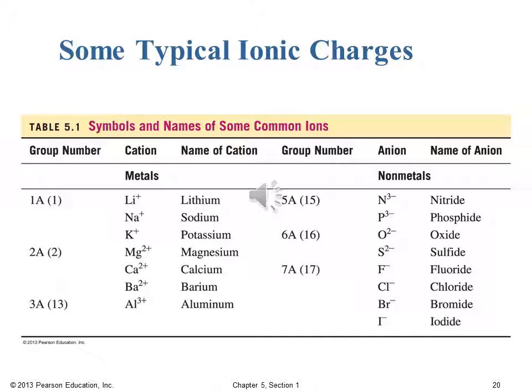If we look at group 2A or group 2, we have Mg2+, Ca2+, Ba2+. They're all 2+ ions because they have the 2 electrons to lose in that filled ns orbital, since they're in group 2 or group 2A. And again, we just name them like we would name the metal. Be careful because, for calcium, there used to be a toothpaste commercial that advertised liquid calcium.